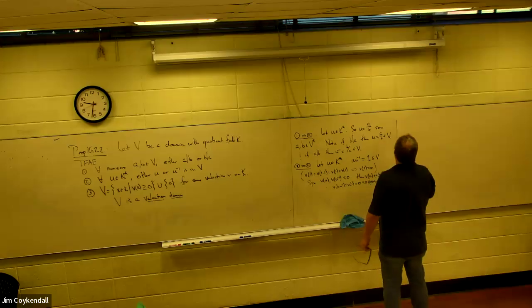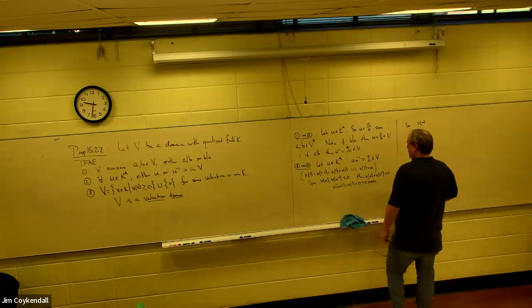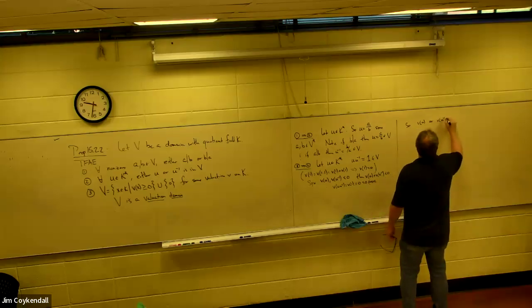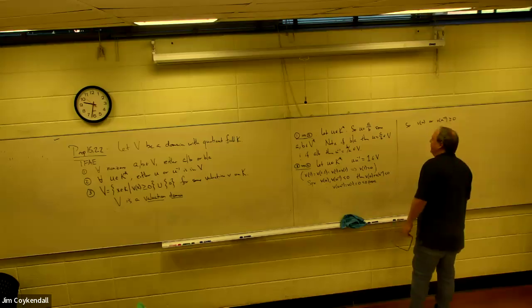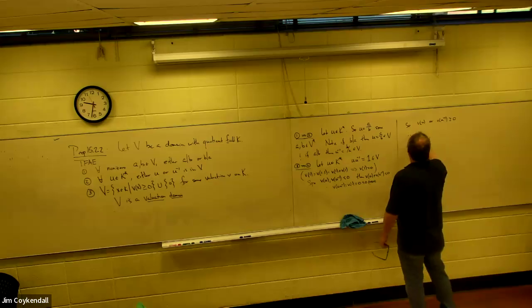So value of U or value of U inverse, one of these at least has to be greater than or equal to 0. Therefore, U or U inverse is in V.